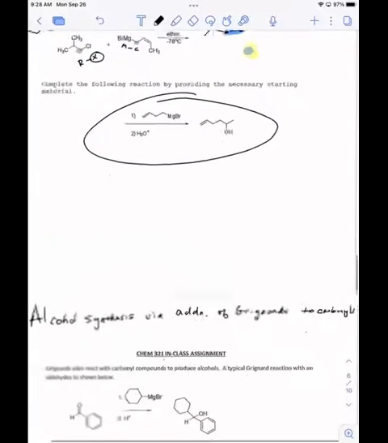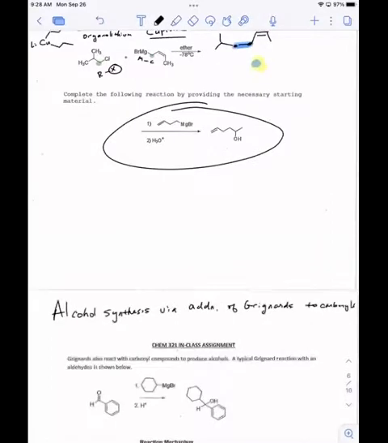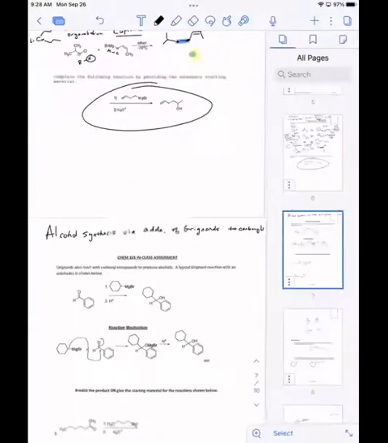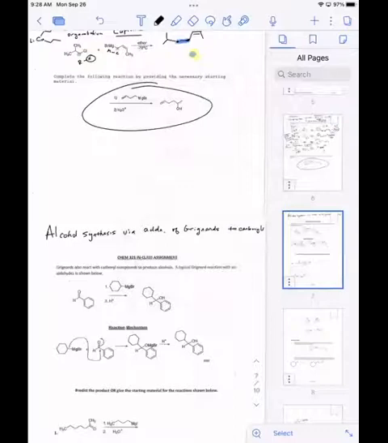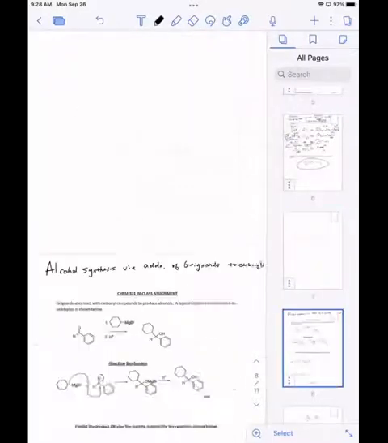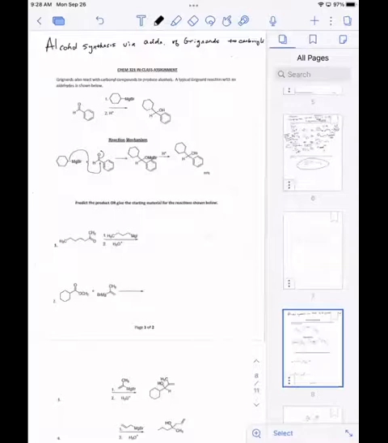Right? So let's talk about that. So alcohol synthesis through addition of Grignards to carbonyls. And let me add a page here because I want to give a generic overview first.